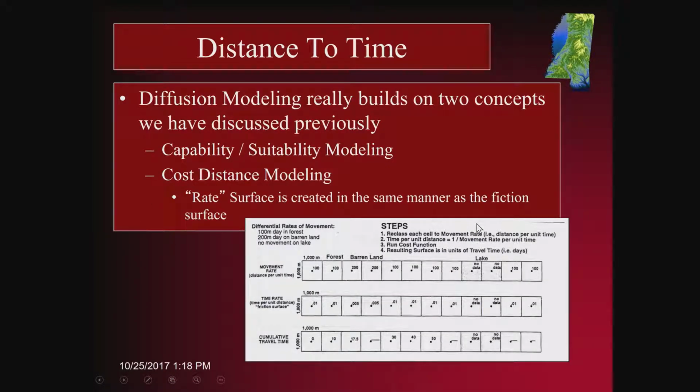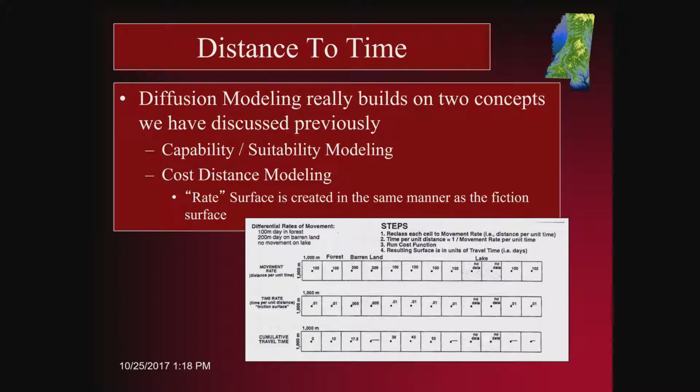So in order to get time per unit distance, something that's a friction surface we can use with the cost distance algorithm, we just go 1 over the rate. So that becomes the friction surface. So divide everything by 1.